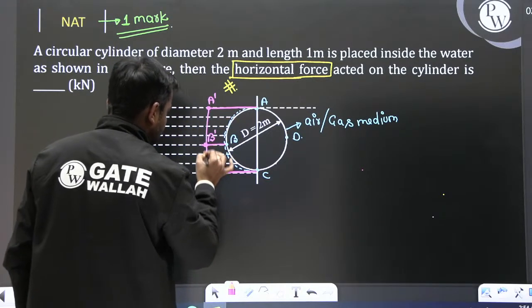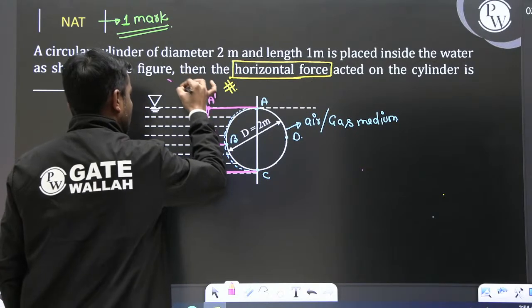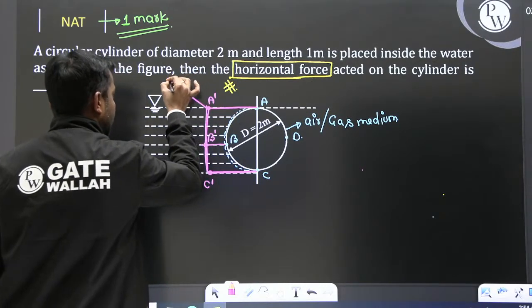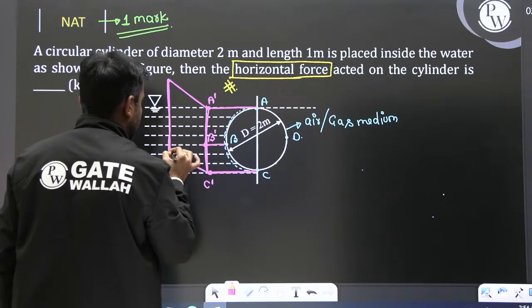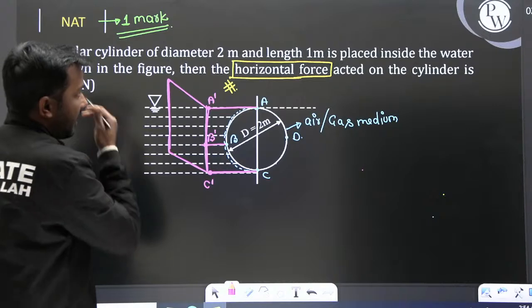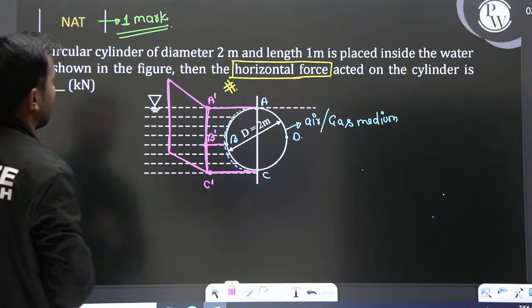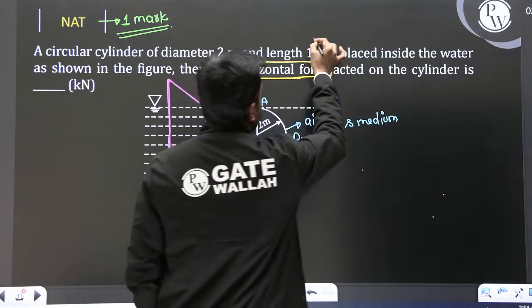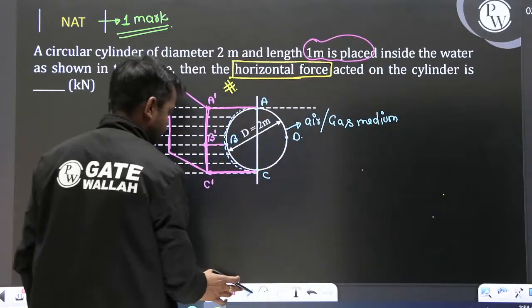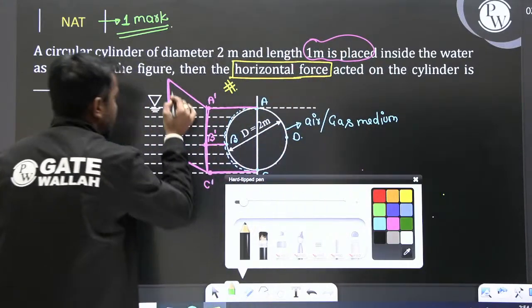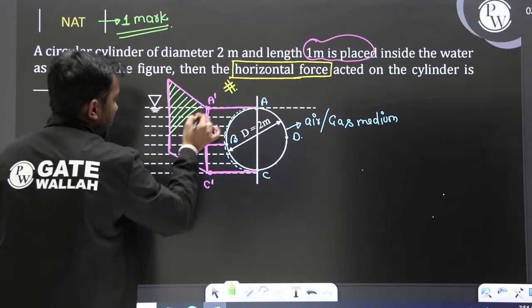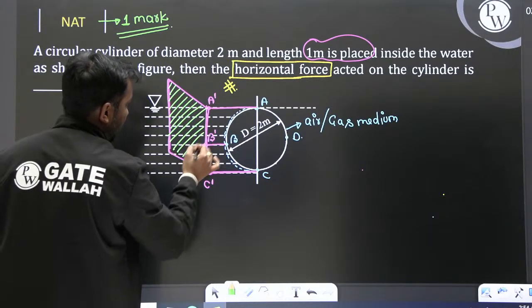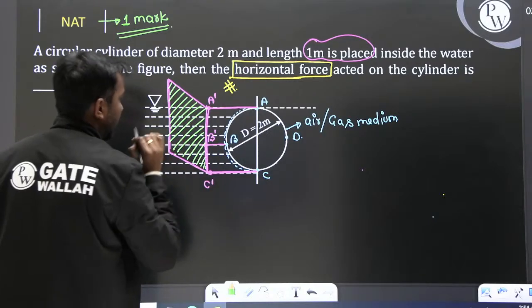This is a cylinder, so we take the depth, or width, of the cylinder, which is given as 1 unit, or length 1 meter. This is the projection of the cylinder on the vertical plane.